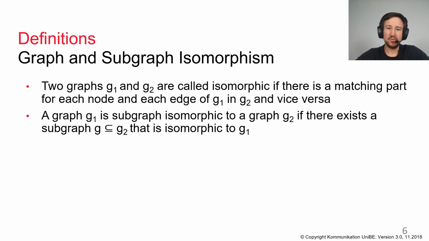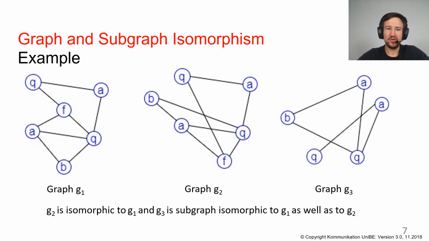A graph G1 is subgraph isomorphic to a graph G2 if there exists a subgraph, let's call it G, that is a part of G2 that is isomorphic to G1. A few examples here of the subgraph isomorphism or graph isomorphism. Let's say again we have the same graph G1 and then graph G2 and graph G3. So G2 is isomorphic to G1 and G3 would even be subgraph isomorphic to G1.